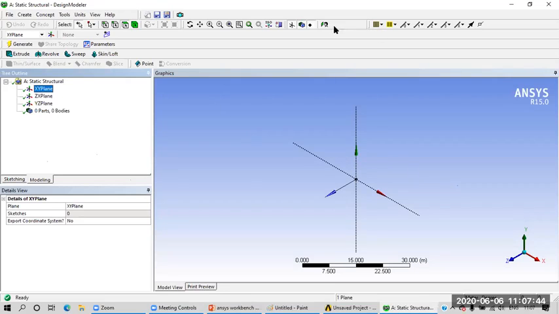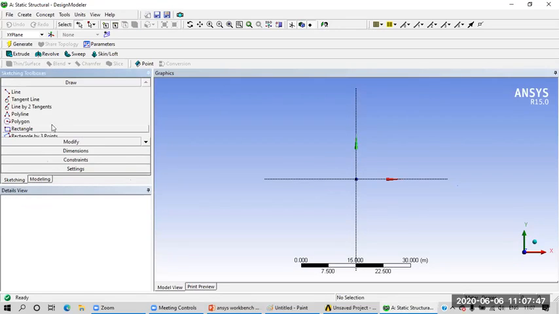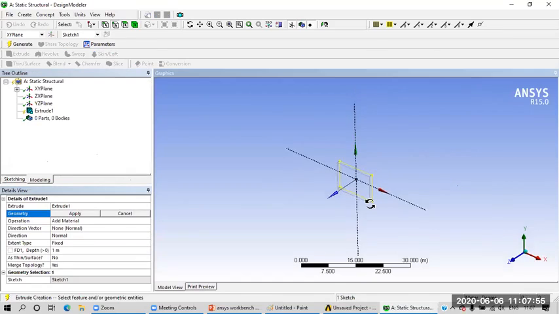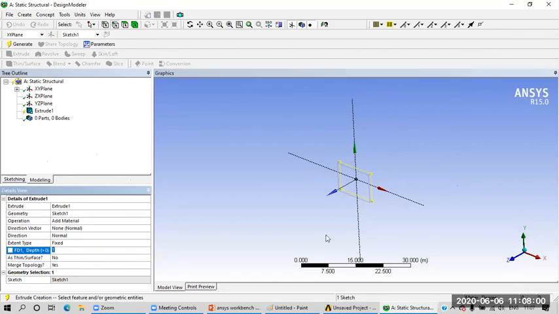For that, I am just making a geometry here, and I'm increasing the dimension.